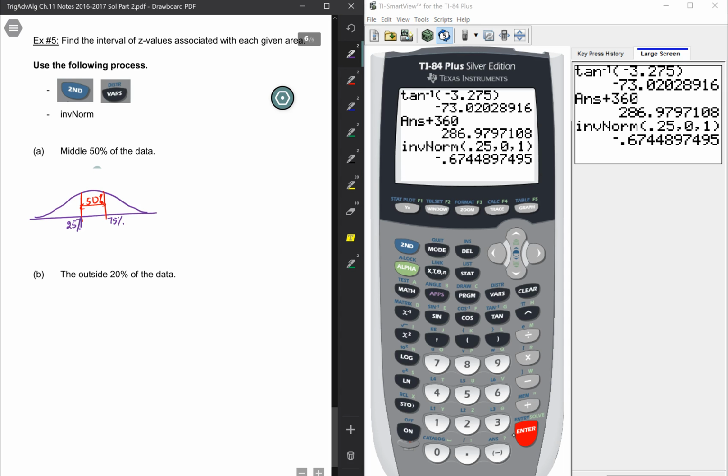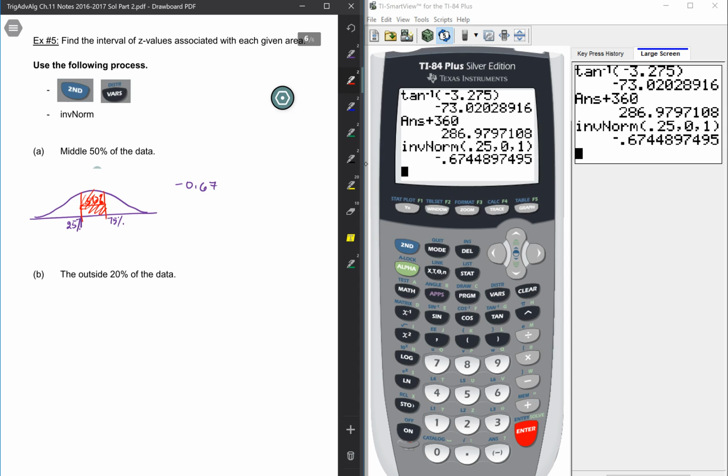And you get negative 0.67, okay? Because if this is the middle 50%, then you have 50% left on the outer ones, right? And if you divide it evenly, that means this first mark is the 25% mark, and this is the 75% mark. Right, because the balance in between is 50.